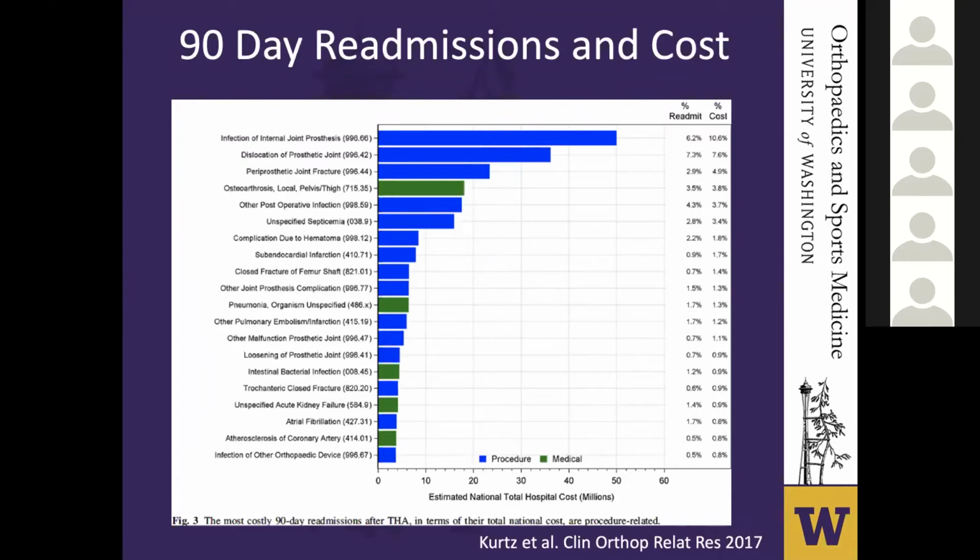And you can see from this article out of CORR in 2017, this table shows that of the complications, medical and procedural, that occur after total joint arthroplasty, infection is, as we know, very devastating for patient outcomes and very costly to our healthcare system. It's also one of the most common reasons for readmission. And this is really why a lot of the literature for preoperative optimization focuses on trying to modify risk factors to limit infections in this patient population.